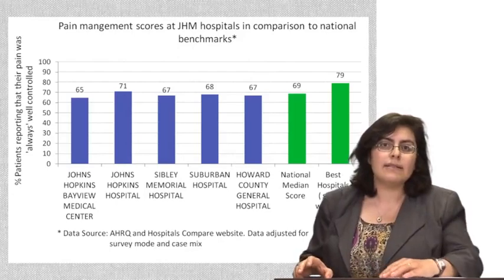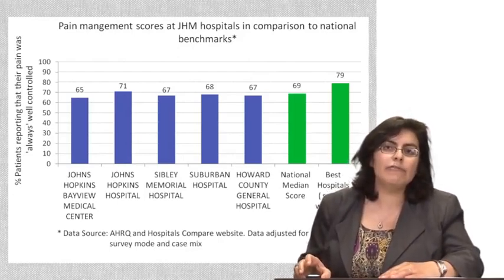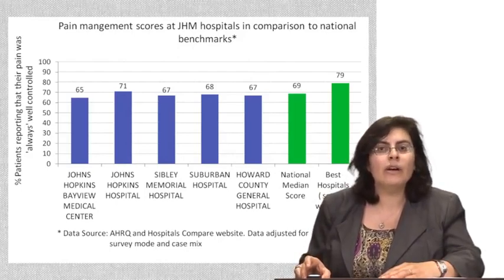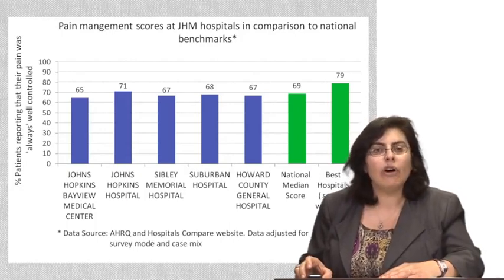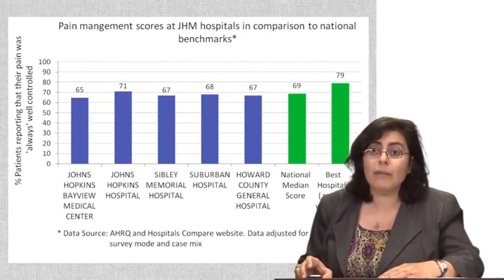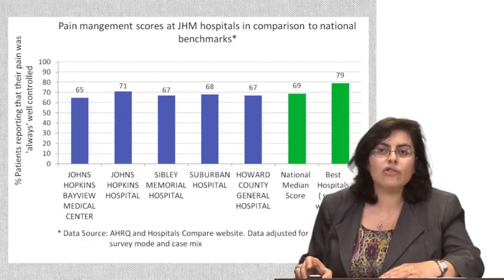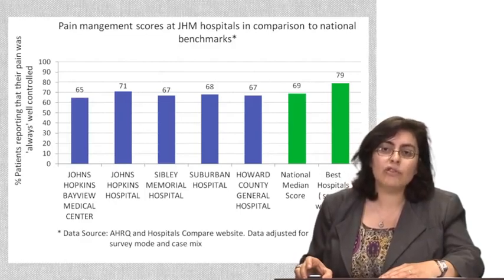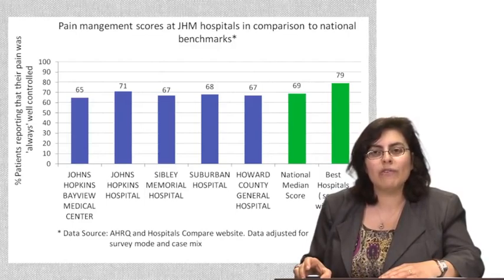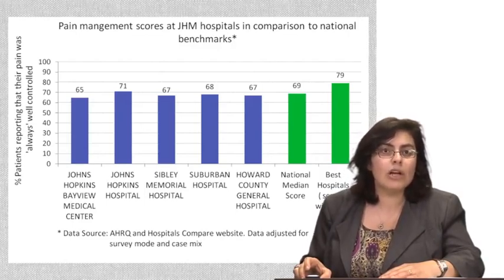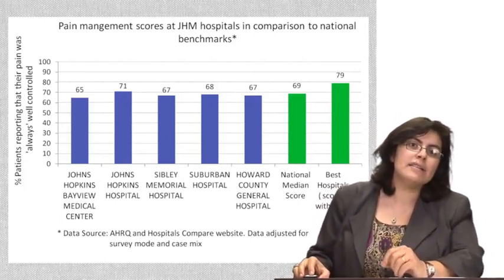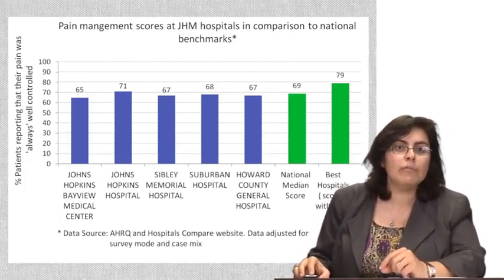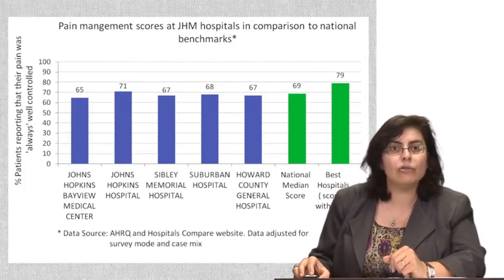This is an analysis that shows the results from patient responses about how well their pain was managed during their hospital stay. The analysis depicts 5 of the hospitals associated with Johns Hopkins and also the national mean in terms of patient reports and the scores of the best hospitals within the US. So what you see on your y-axis is the percent of patients reporting that their pain was always well controlled.